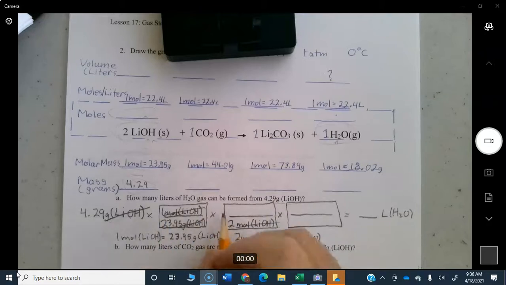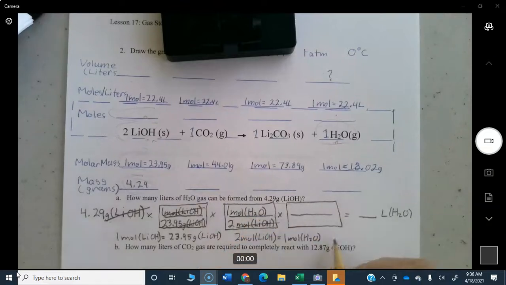Cancel and cancel. Which one of these two goes on the bottom?